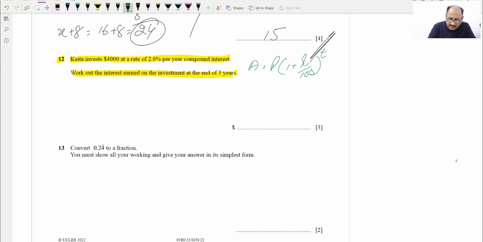First we'll find the amount, then we will subtract the principal amount from the amount, and we will get the interest. So we'll be using these two formulas.